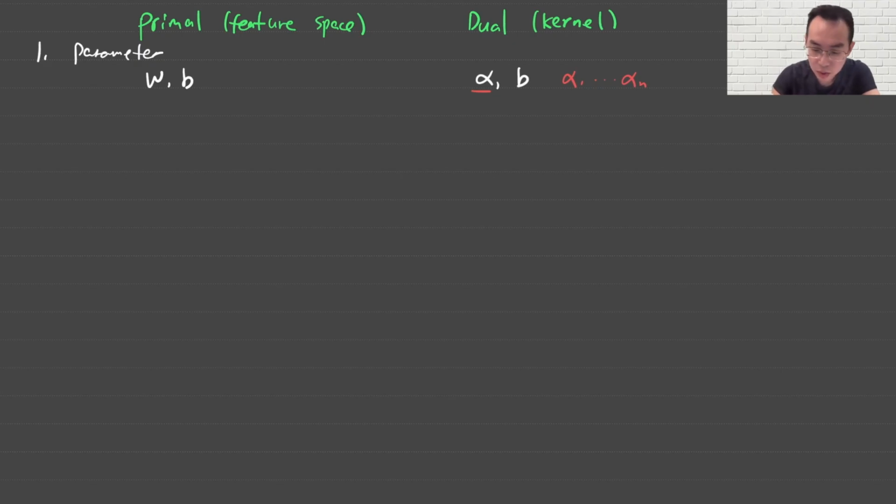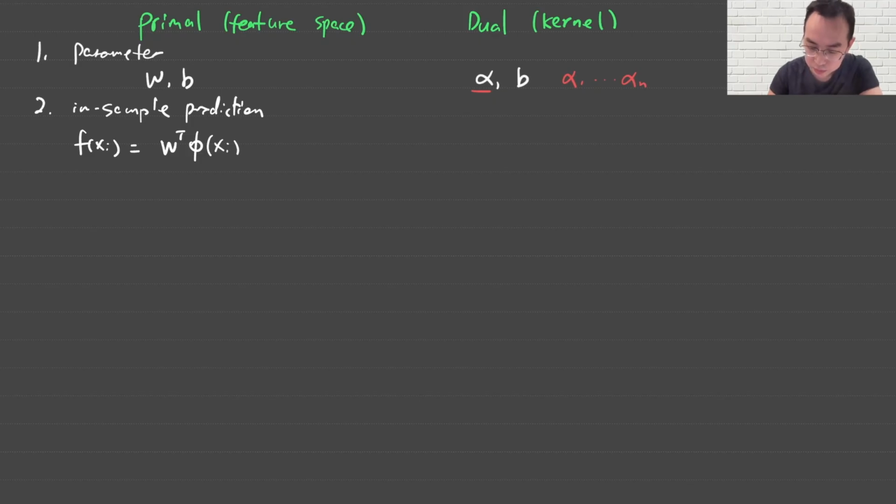Then the second thing we can write is the function we use for prediction. Let's do the in-sample prediction first. This is a prediction for the training data. We have f of xi equals W transpose phi of xi plus b. That's how we make the in-sample prediction.